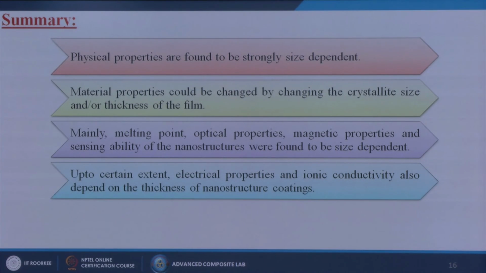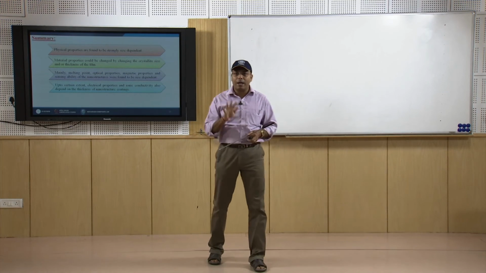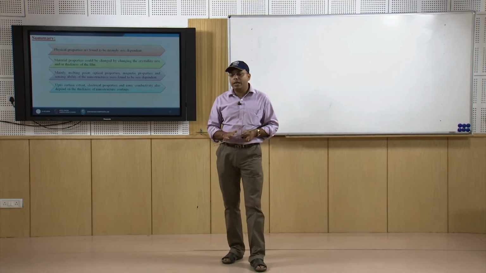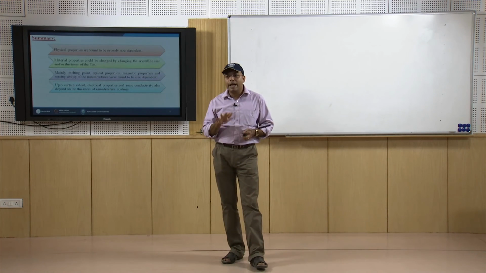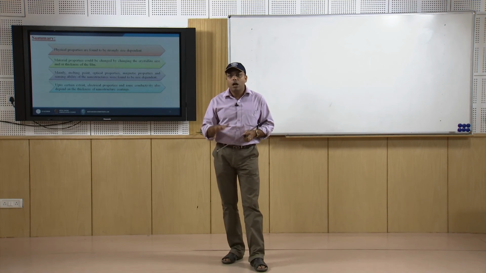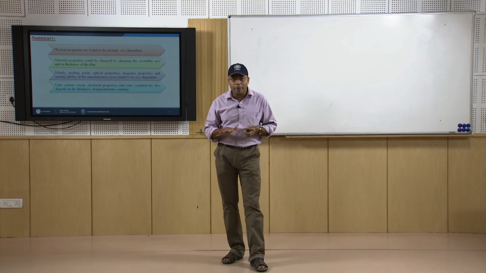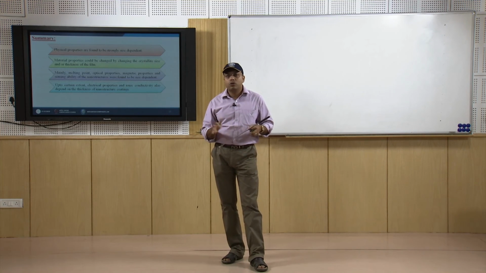Material properties could be changed by changing the crystallite size and thickness of the film. In our last 5 consecutive lectures, every time we discussed how the crystallite size and thickness of film affect the material properties in terms of mechanical, optical, magnetic, thermal, sensing properties and so on.